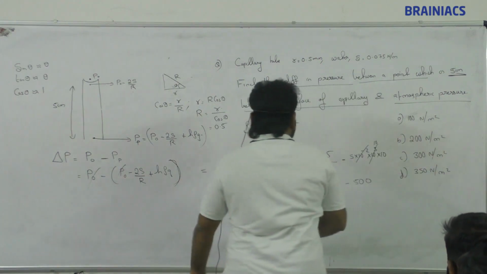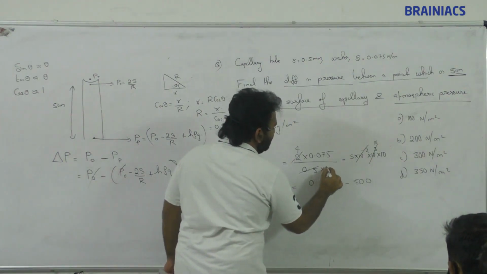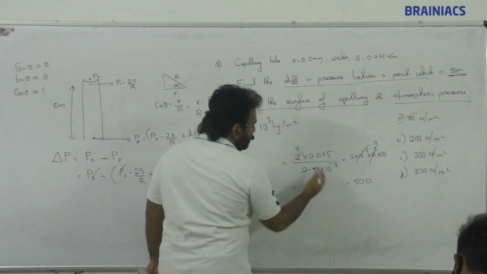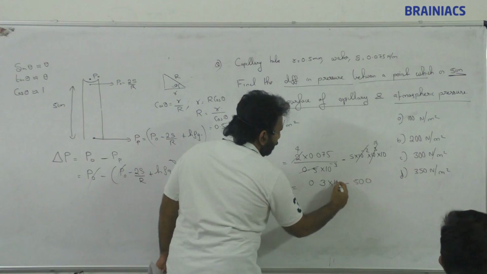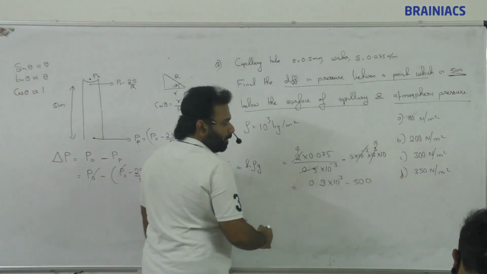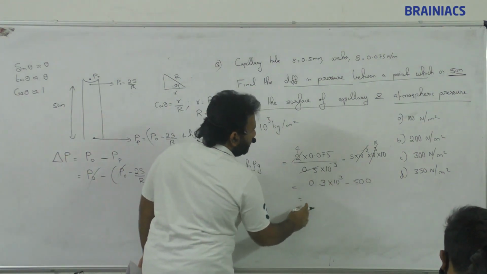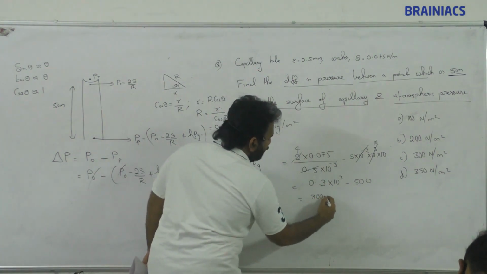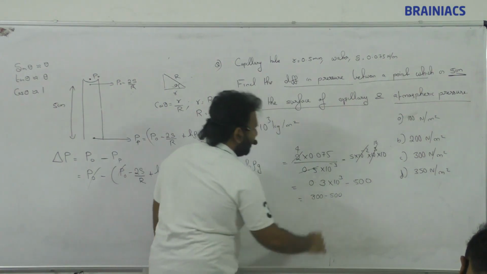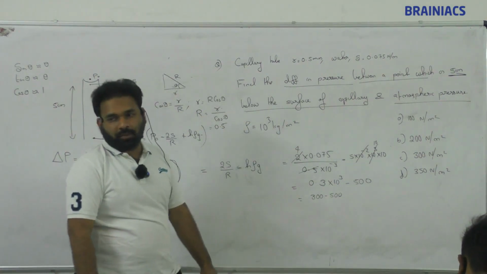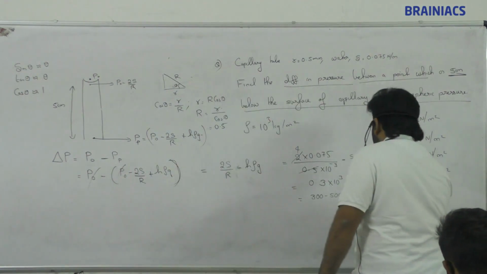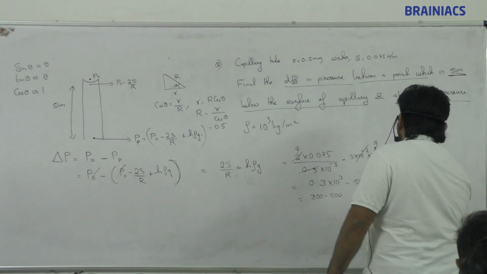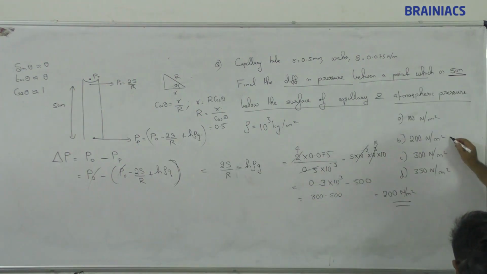If you put millimeter, nothing to worry. This will become 10 raised to minus 3, so if we put it on the top, we can put 10 raised to 3. So this will be 300 minus 500. So the pressure will be 200 Newton per meter square. Correct? So you can mark this one.